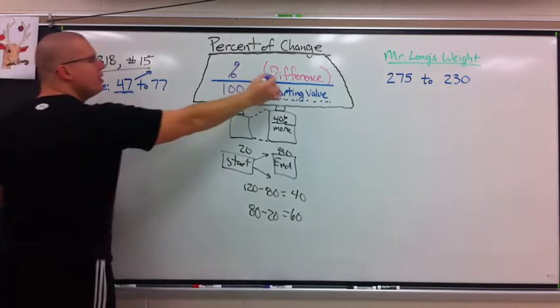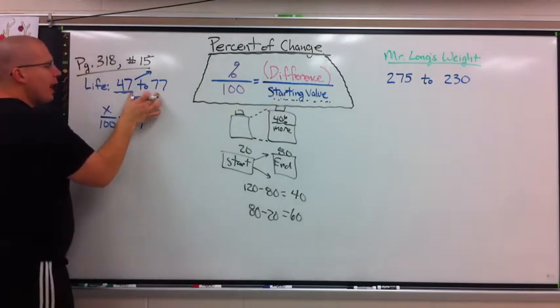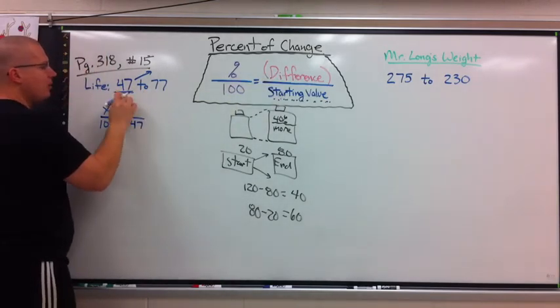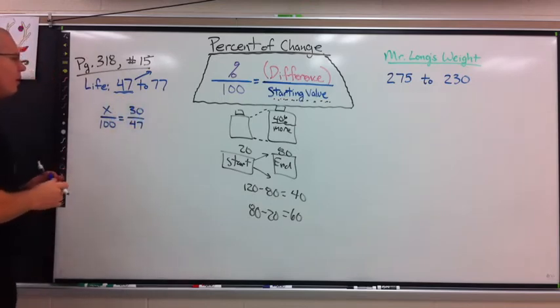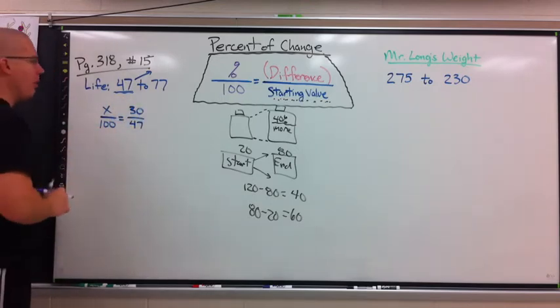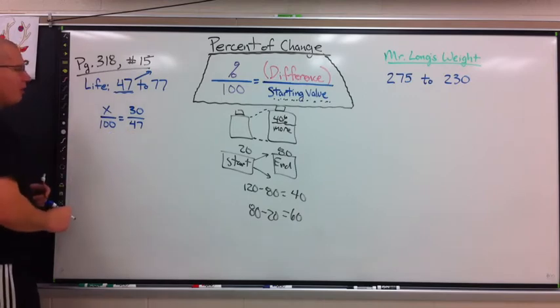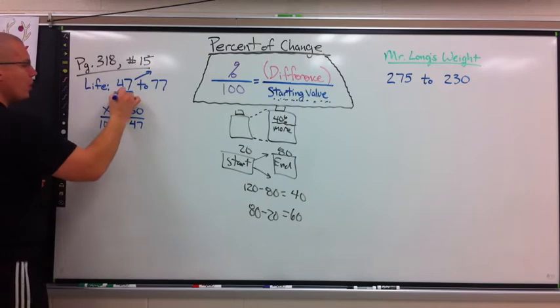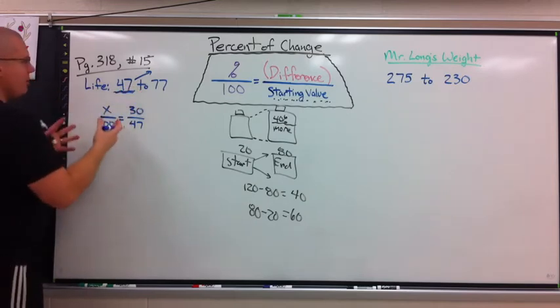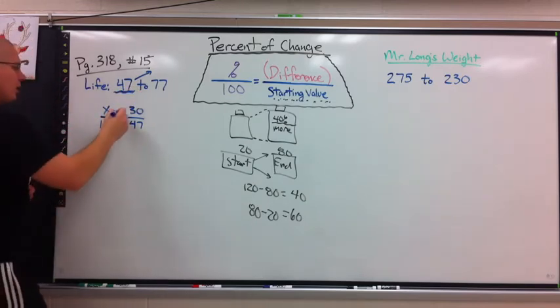Now the top number is the difference. I must subtract these so I get positive. Big minus small. 77 minus 47, 30. The setup always is the hardest part. The solving should not be hard. So difference of the two over the original number. So this is going to be a percent increase.